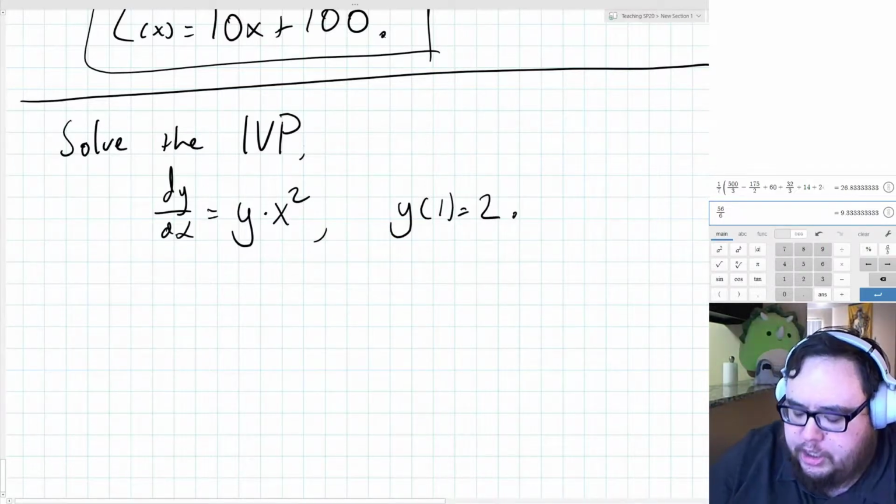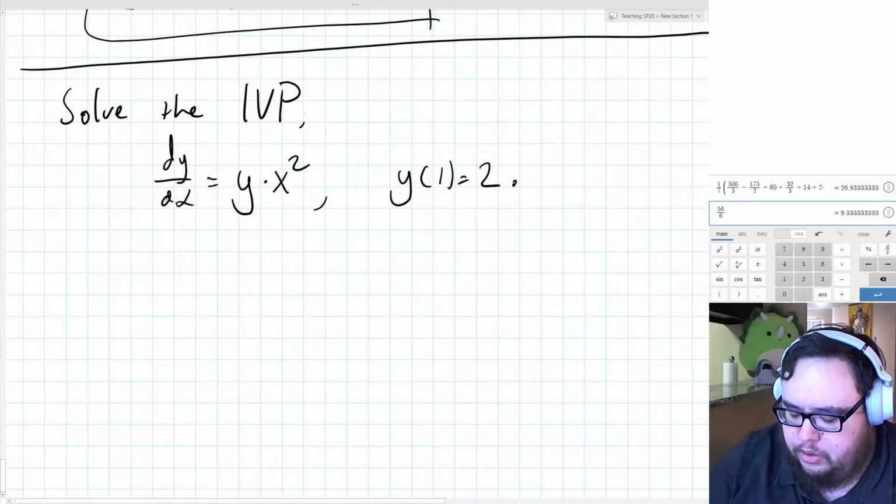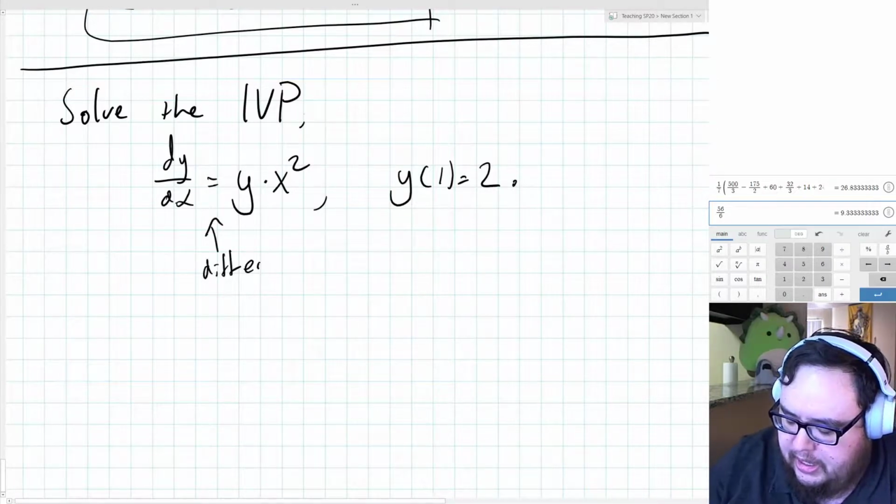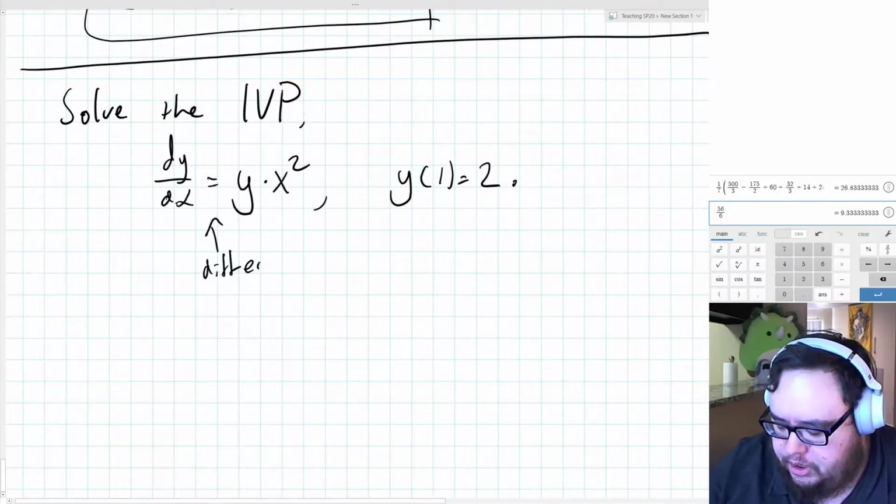So initial value problems come with two parts. They come with a differential equation and an initial condition.